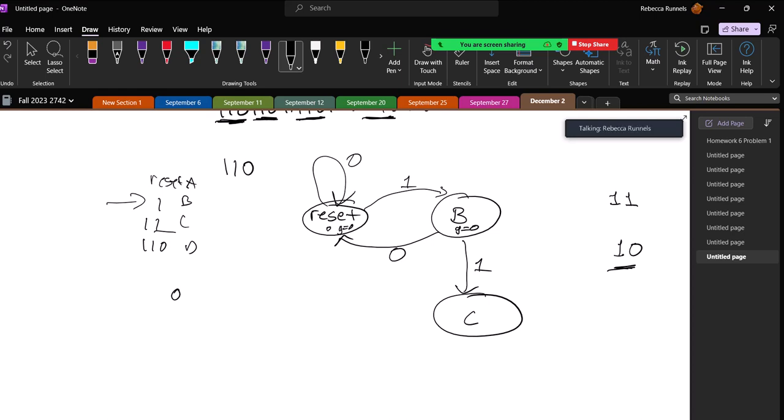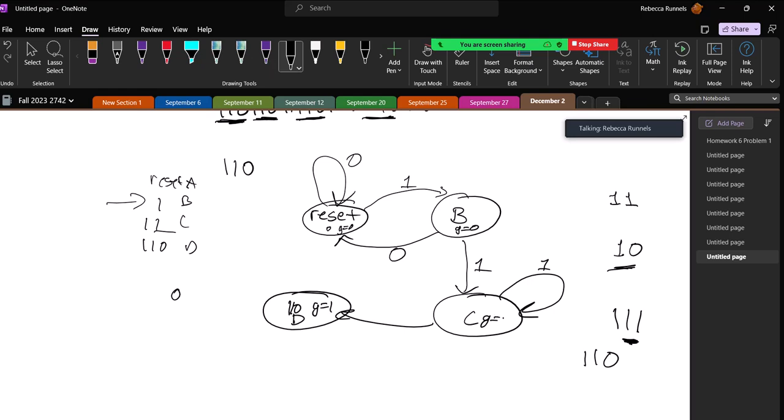Now, if I'm in state C, that means I have a 1 1. If I get another 1, I still have a 1 1, so I come back to C. If I get a 1, 1, 0, then I win, because 1, 1, 0 is the sequence I'm trying to get to. That gets me an output of 1.